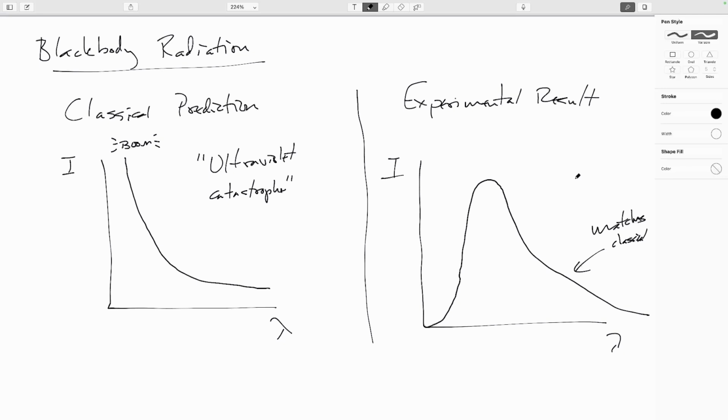Well, this sort of thing had crept up in physics before, where you do a calculation and it didn't match with experiment, or in this case only partially matched experiment. And usually what's at the source of this is that the actual math of doing the calculations gets extremely difficult.